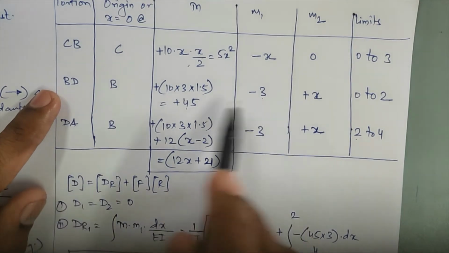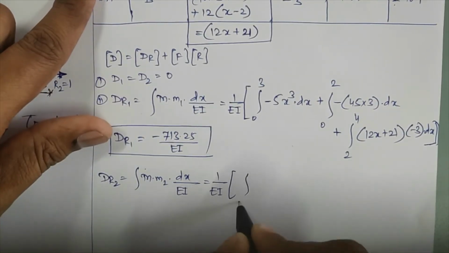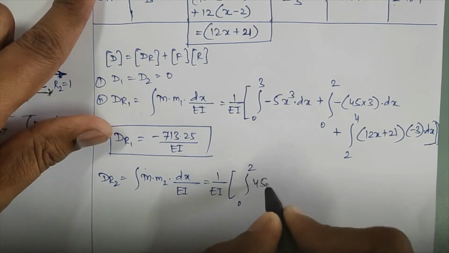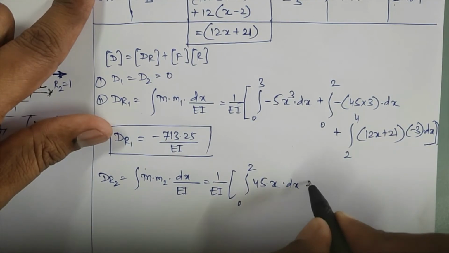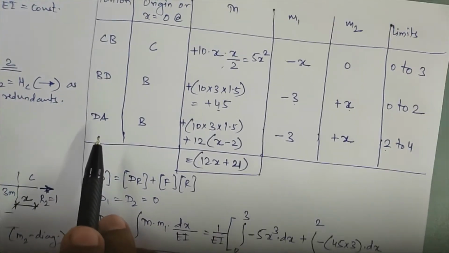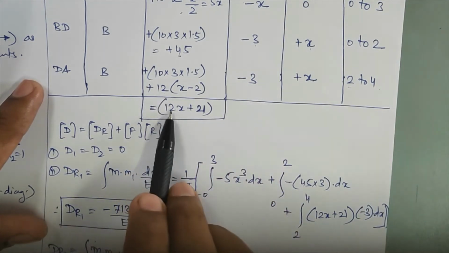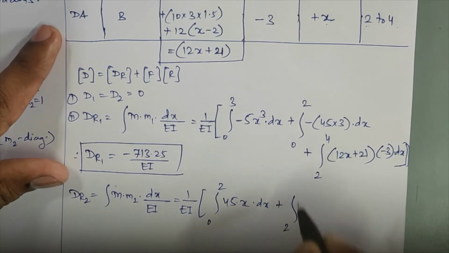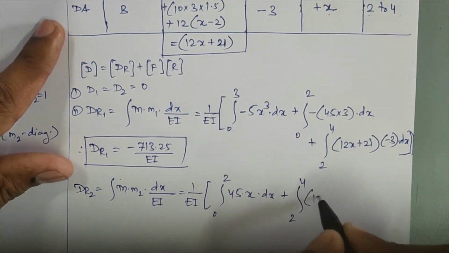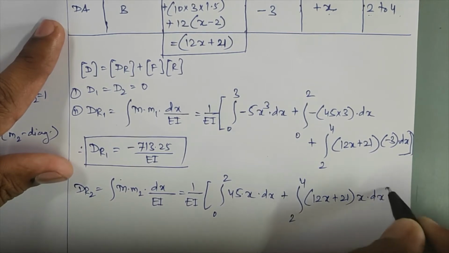Next for the BD portion I will get 45 into x into dx within limits 0 to 2, plus next for the DA portion, within limits 2 to 4, 12x plus 21 into x into dx.